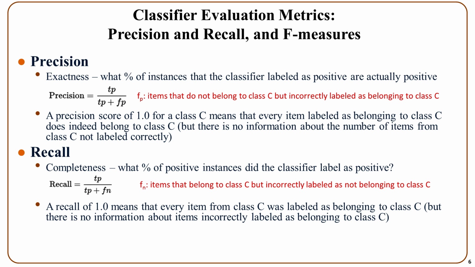Precision. Precision is the exactness. Basically, what percentage of instances that the classifier labeled as positive are actually also positive. So it is the number of true positives divided by the sum of true positives and false positives.